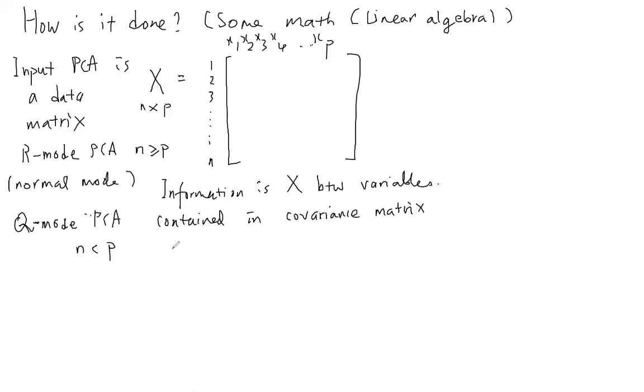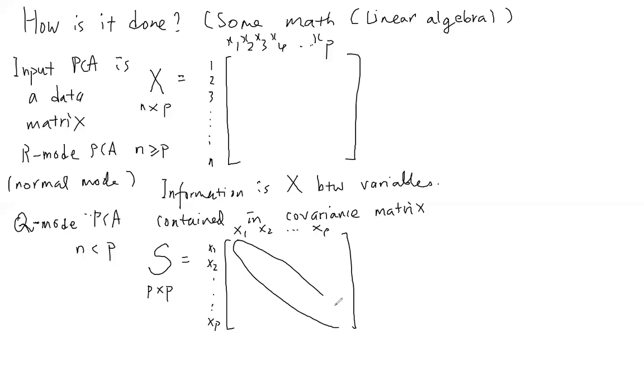I write it as S. It's a square matrix, P times P, whereby these are your variables. Since you're working on data, it's actually a sample covariance.